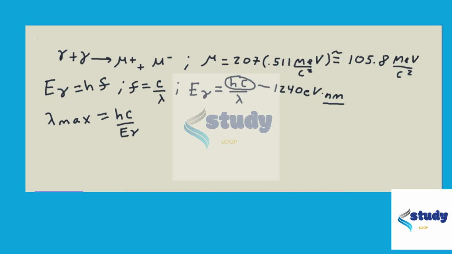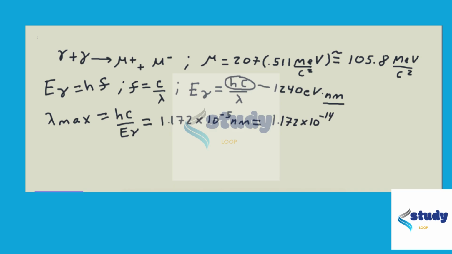When I solve this, what I get is 1.172 times 10 to the minus 5 nanometer. Nanometer is times 10 to the minus 9, so minus 9 minus 5. This is then equal to 1.172 times 10 to the minus 14 meters.